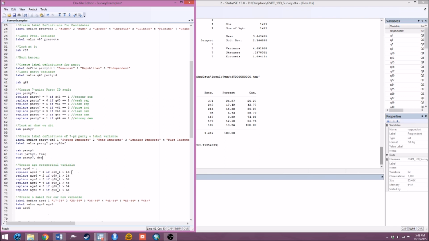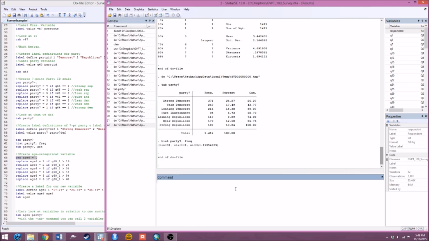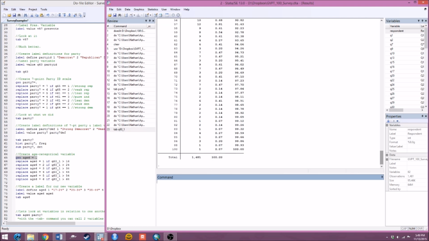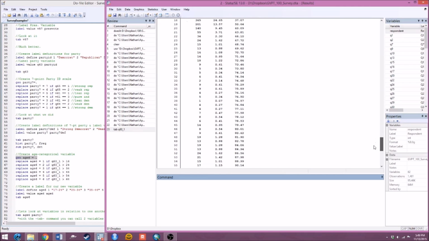Okay, so let's go ahead and do the same thing that we have for age, because if we look at our variable for age, man, it is unwieldy. So this is not going to be very useful for us in a descriptive manner.